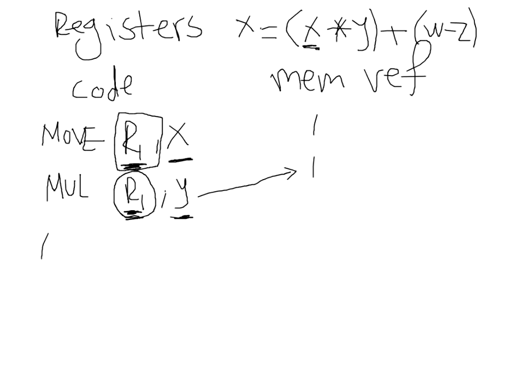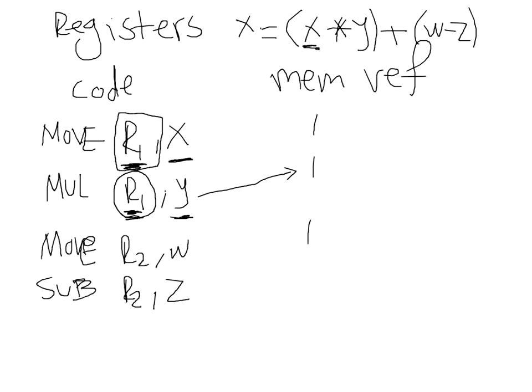We need to move w to R2. Again, we have one memory reference for the w. We need to subtract the z from R2, which holds the w, right? Again, we only need to access memory once, for the z.